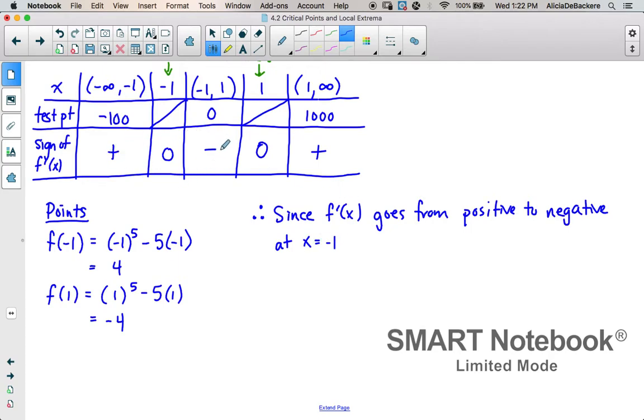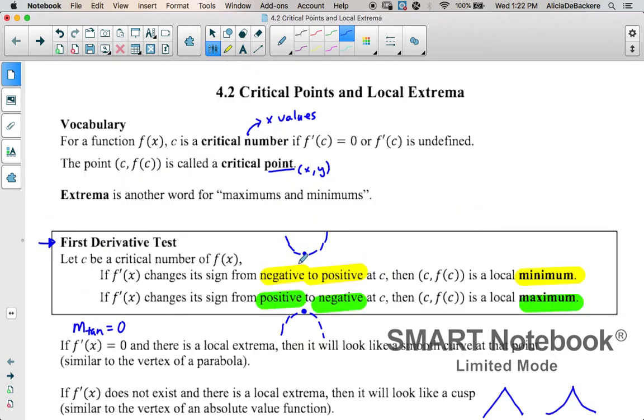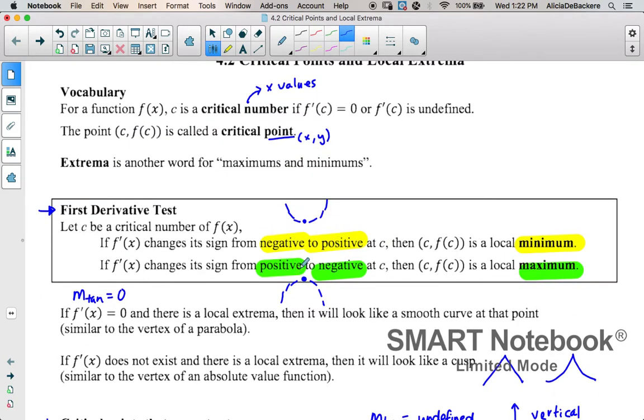I'm going from positive to negative at x equals -1. And I'm remembering that the first derivative test back here told me if I go from positive to negative, then that's going to be a local maximum on my graph. And hopefully you don't like memorize this. You can just kind of think about a positive slope heads up and a negative heads down. And I kind of just cup my hands in front of my face to remind myself that that's a maximum.